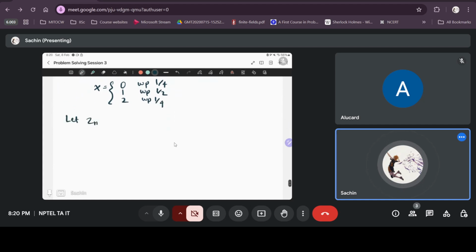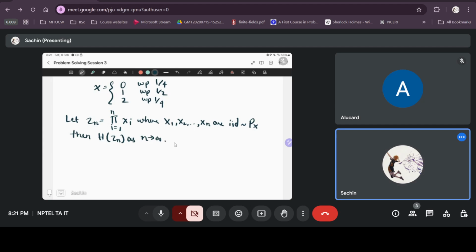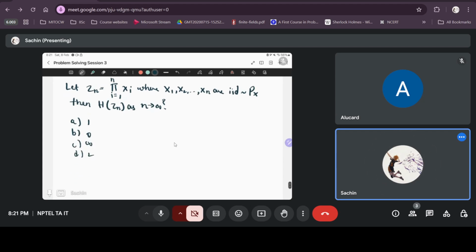Let Zn be the product of n such random variables x1, x2, and so on, which are all distributed independently and identically with the probability distribution of x. Then H of Zn as n approaches infinity is what? Is it 1, 0, infinity, or 2?